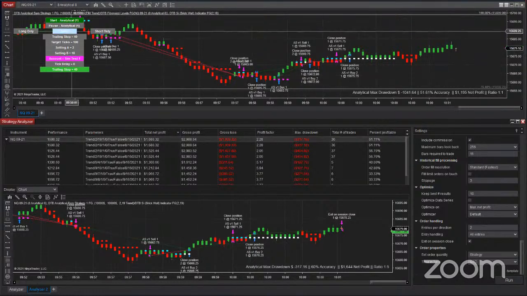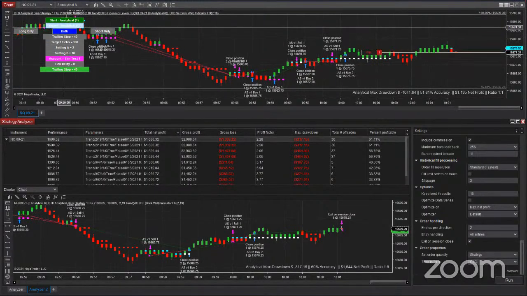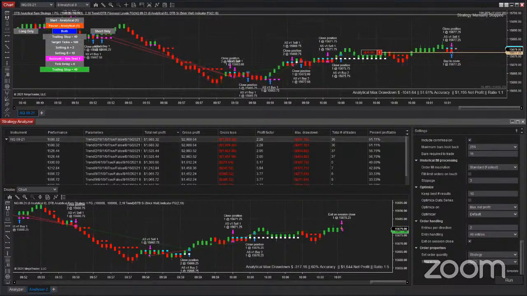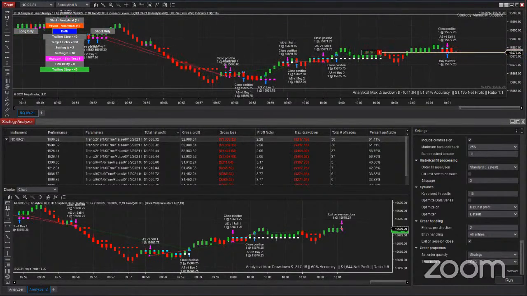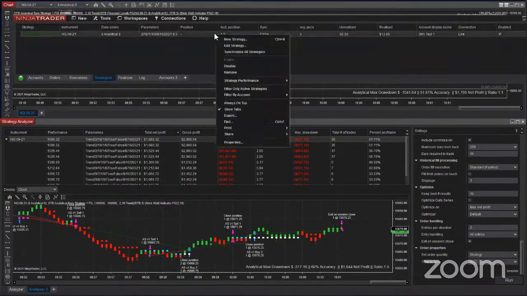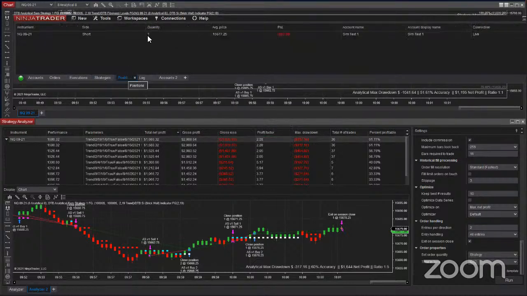Okay, and what I'm going to do right now is I'm actually going to pause my top strategy, because I clicked pause as it entered the position. So we want to make sure that that doesn't happen. What you can do right now to get out of that position is just go and attach a trailing stop to that position.